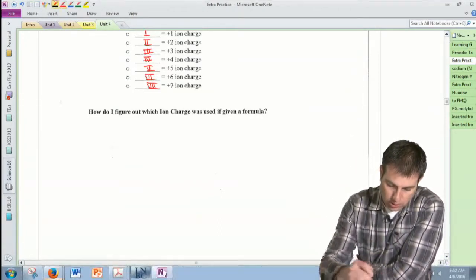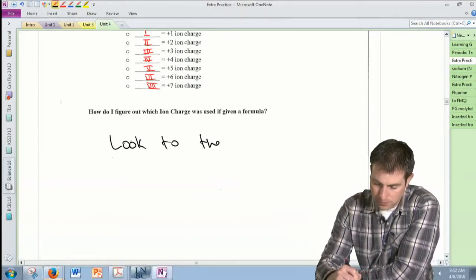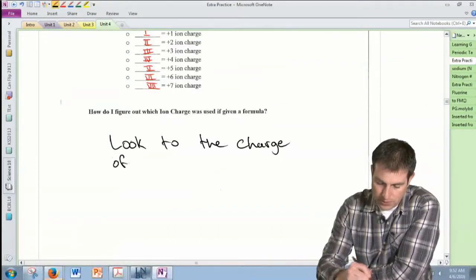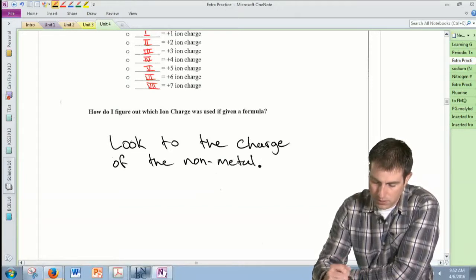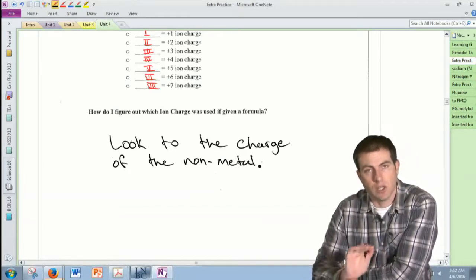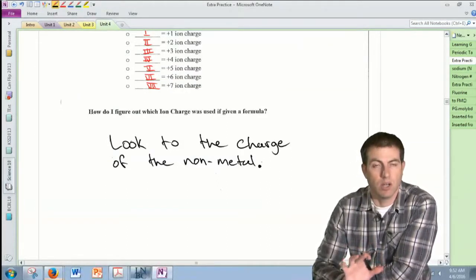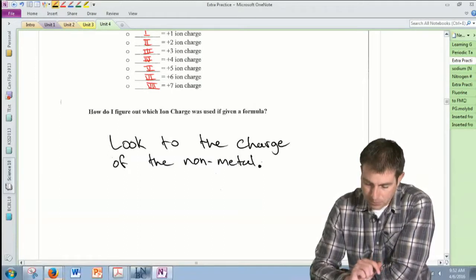We look to the charge of the non-metal. That never changes, it always stays the same. The non-metal is always going to have a negative charge and it's never going to change. We can then balance it out from there.